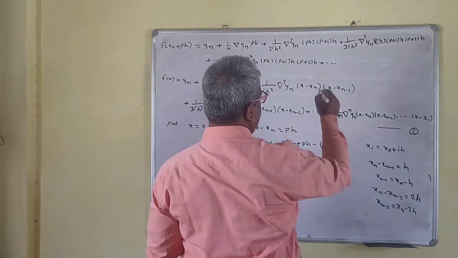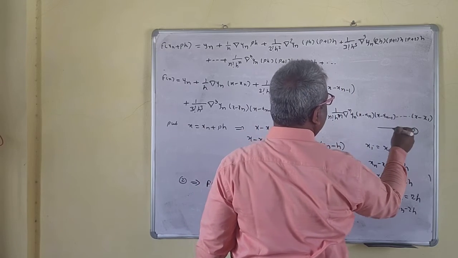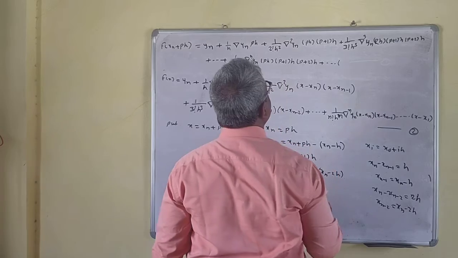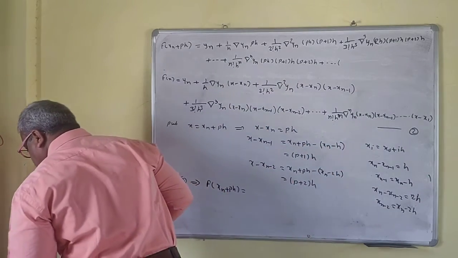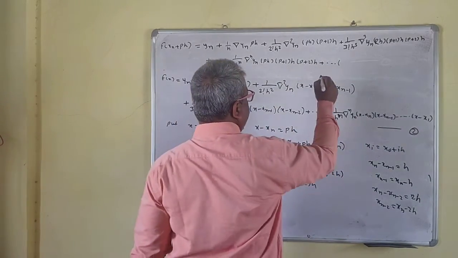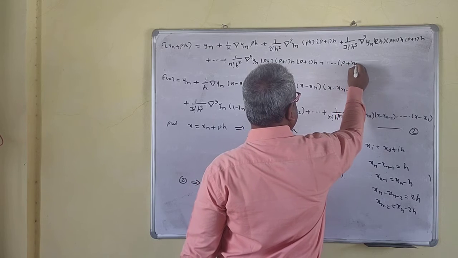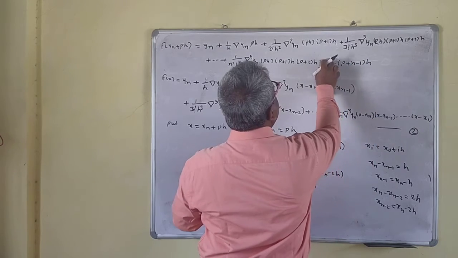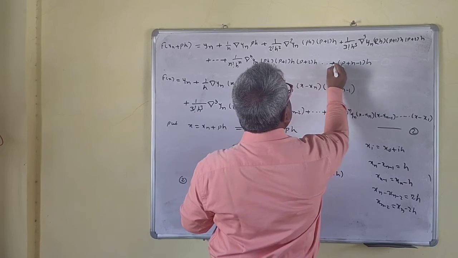The last one will be p plus n minus 1 times h. Product is there.